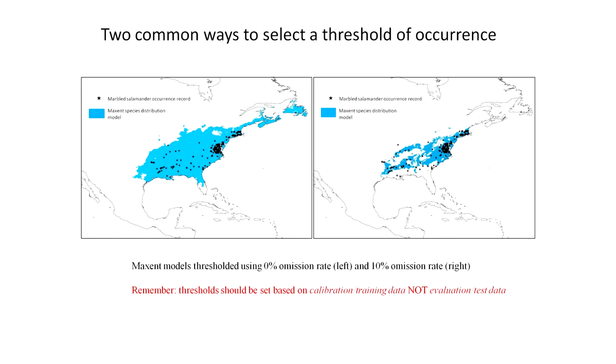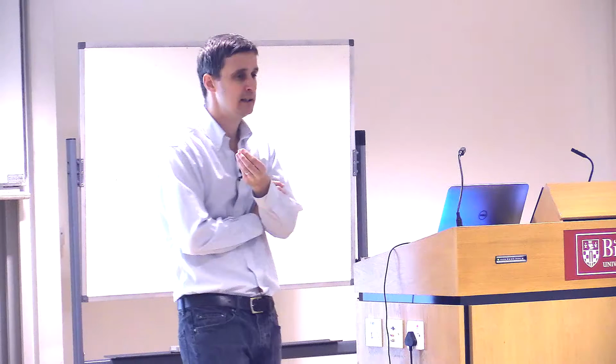So if these were all the points that we used, the black stars that we used to build that model, we've just set a threshold which says we're not going to exclude any of them. We're going to shrink the distribution as small as we can until we hit the point where we're going to start excluding records. Okay? So in practice, that means that all our calibration points have a prediction associated with them, a value.